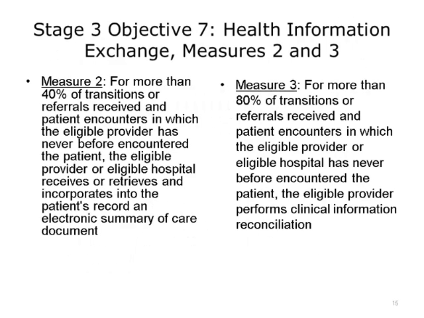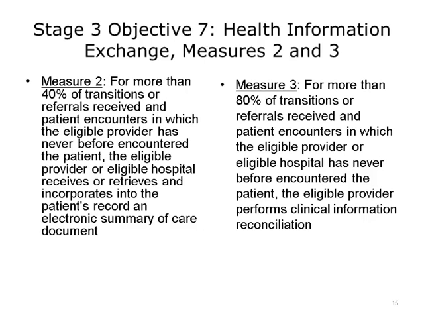Measure 2 is brand new. Now, summaries of care must not only be sent, they must also be received. This supports the recipient side of the transition of care or referral. Greater than 40% of the summaries of care must be received electronically and incorporated into the patient's record.